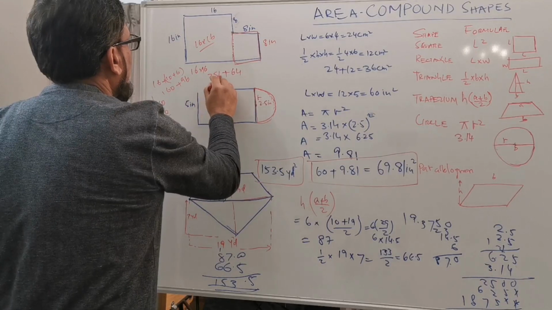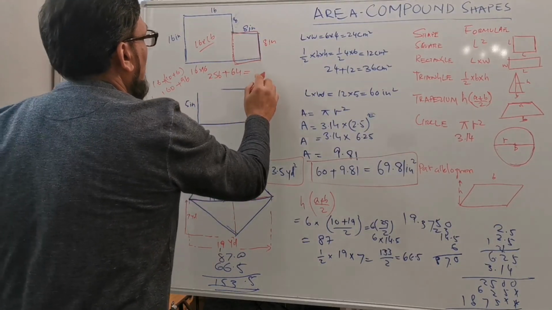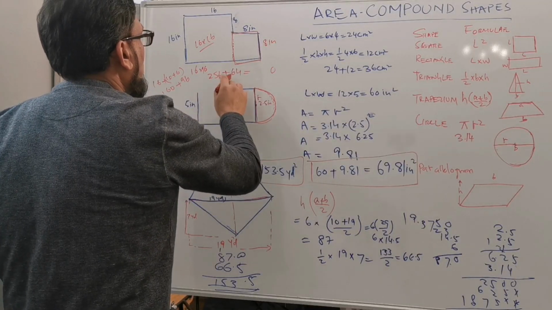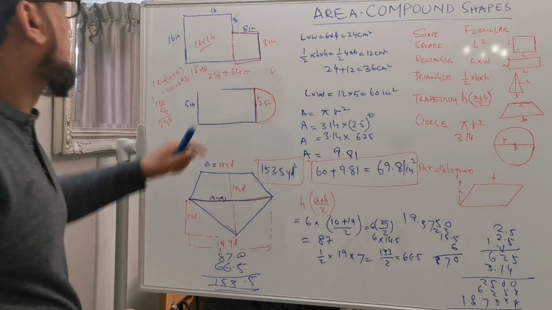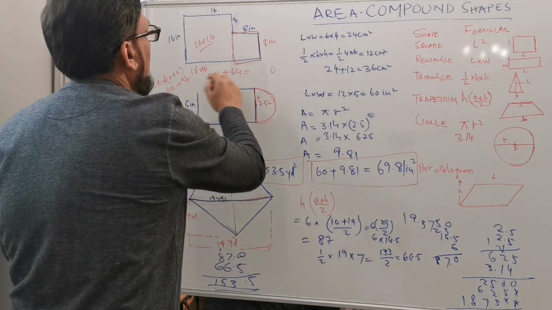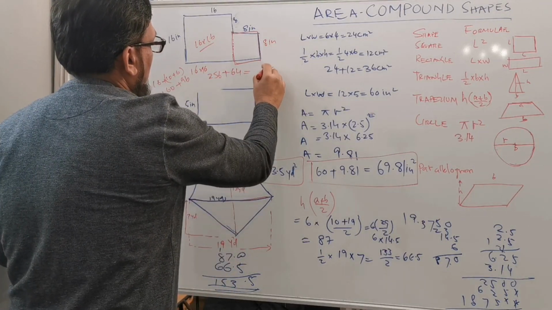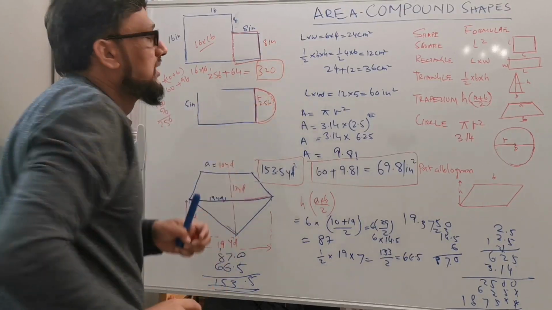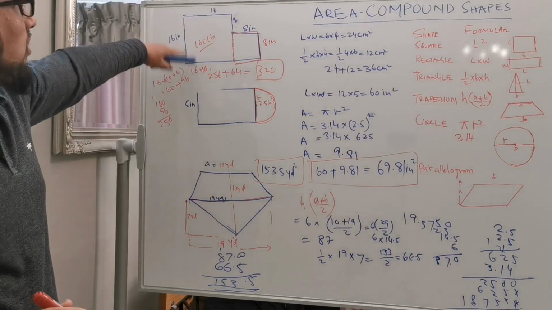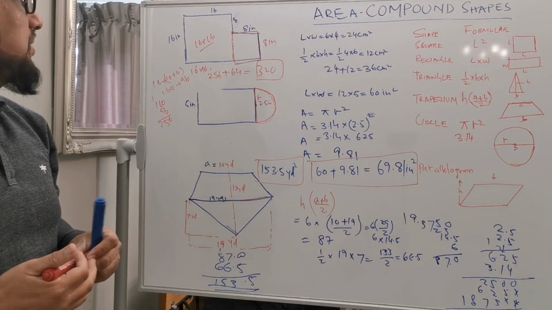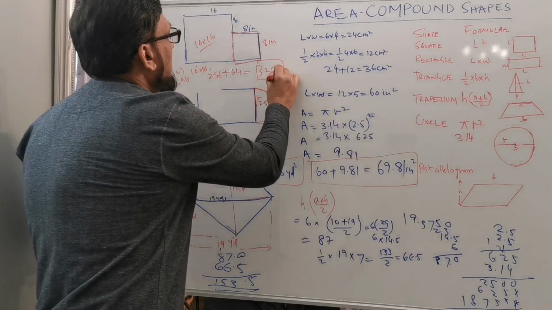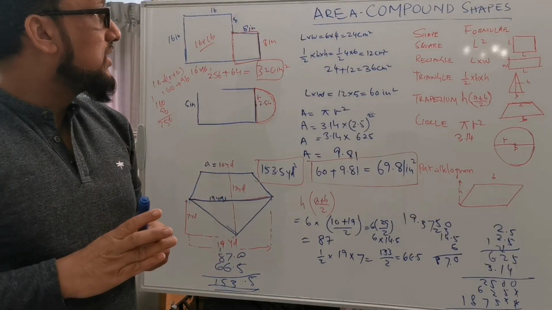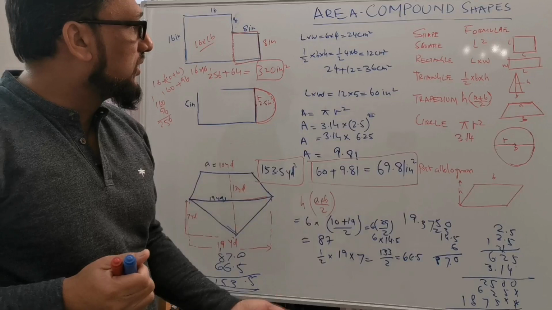Then 256 plus 64: 6 plus 4 is 10... carry 1, so it means 320. So the area for this compound shape is 320 inches square.